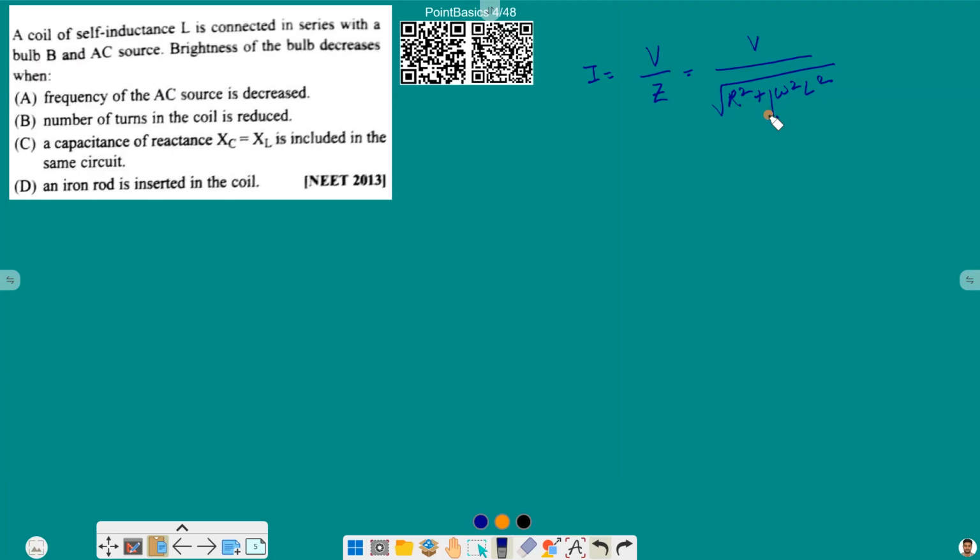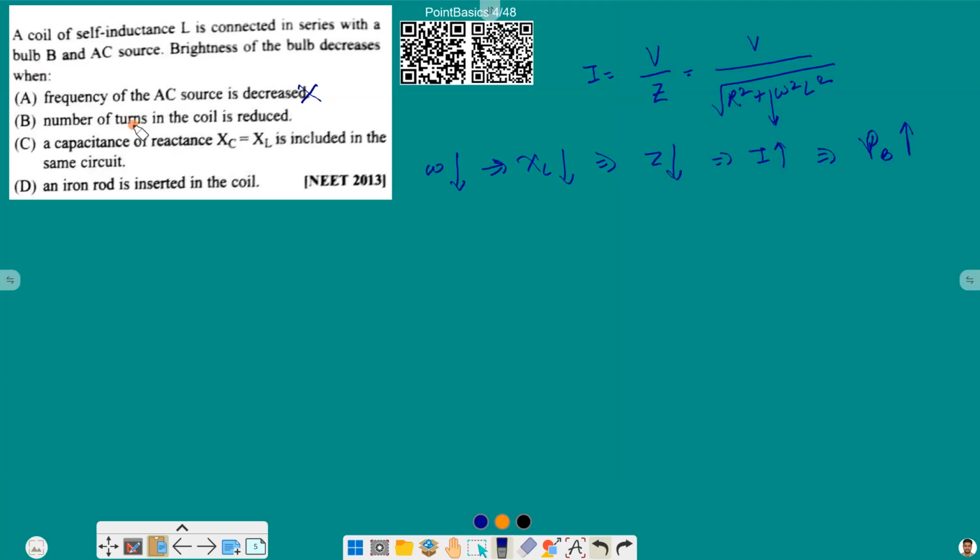And if omega reduces, XL goes down. The impedance of the inductor goes down. Due to that, Z goes down, and if Z goes down, then current goes up. And if current goes up, power across the bulb also goes up. So option A will not work.